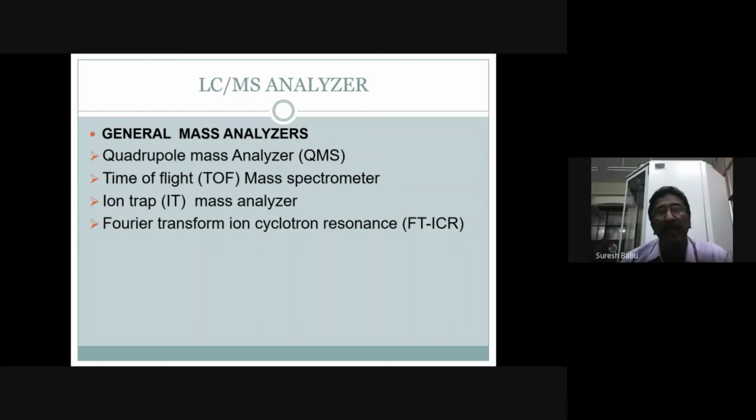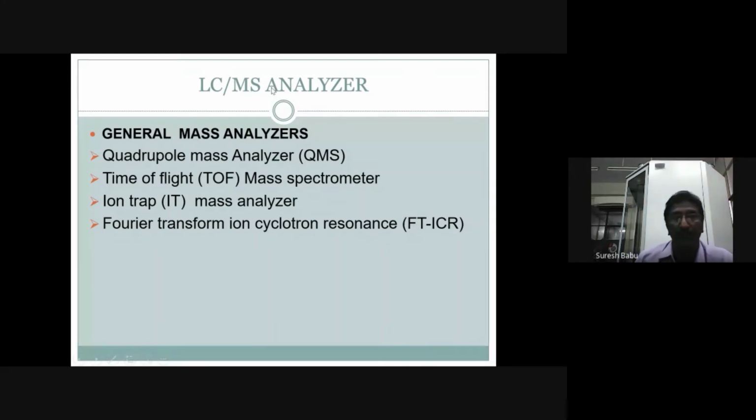So the LC column separates the mixture into components. Then our ionization unit removes the solvents and converts the sample into gaseous ions. And next, we have to sort the ions based on their mass-to-charge ratio.